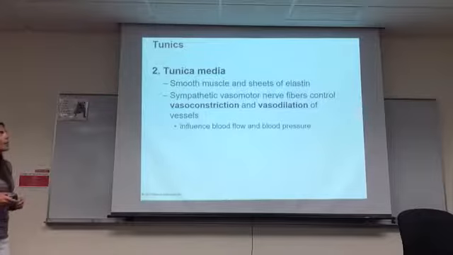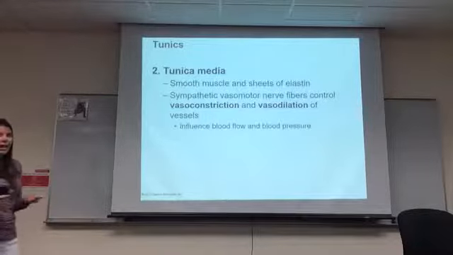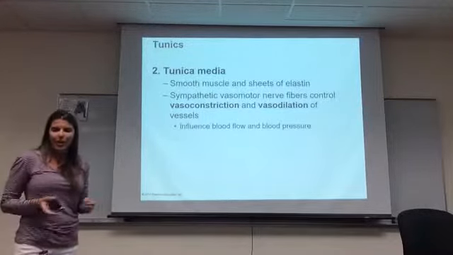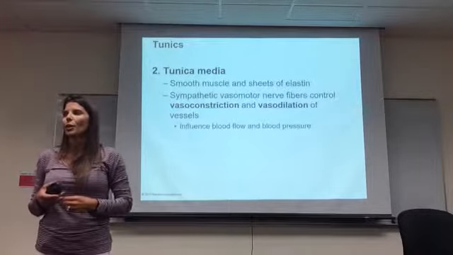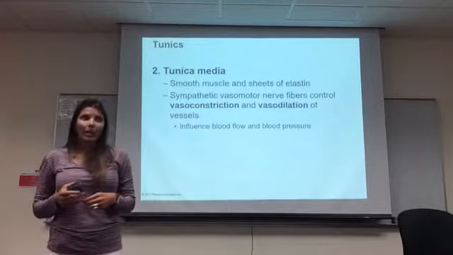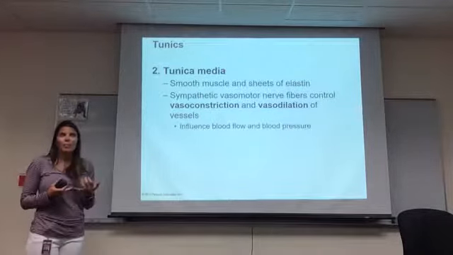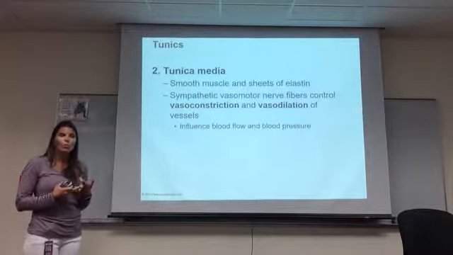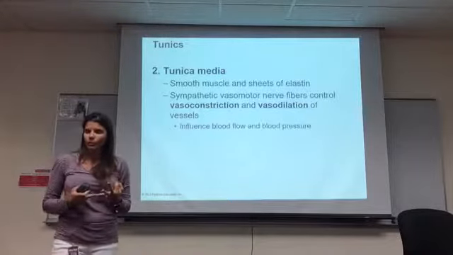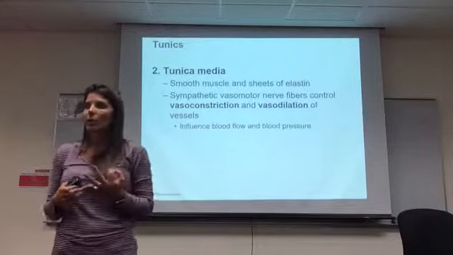The tunica media. The tunica media, in every situation, the middle layer is always composed of some type of muscle. Okay, the middle layer usually has some type of muscle. So in this case, is it going to be skeletal, cardiac, or smooth muscle if I'm inside a blood vessel? It's going to be smooth muscle.